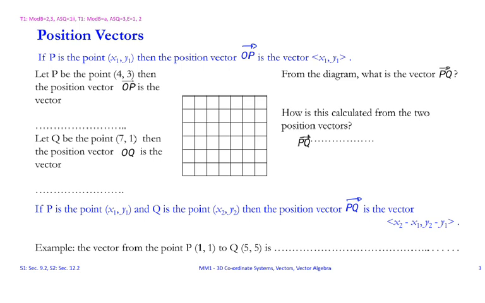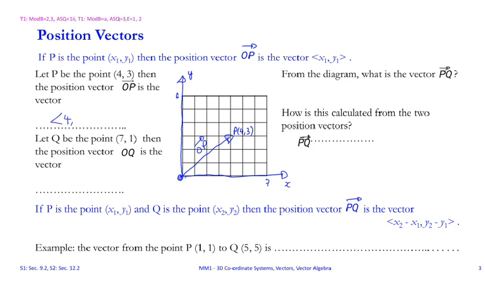For instance, if we have P as 4, 3, then our position vector, now this is just taking this as x, y, this has got 7 squares across and 6 up. So 4, 3, going across 4, going up 3, going from 0 to P, so our point here is 4, 3. Therefore, our vector is 0 to P, where this is our origin.